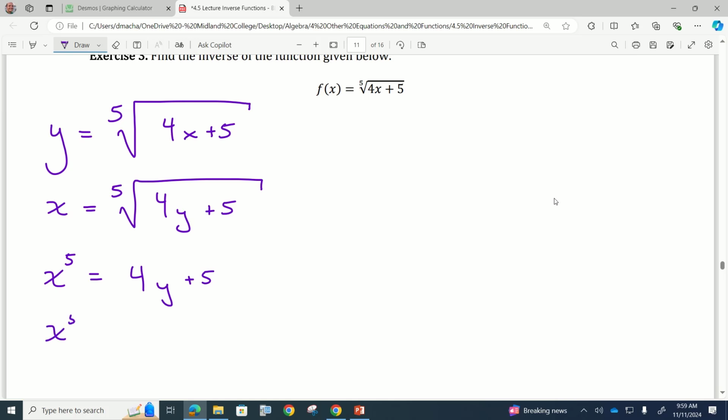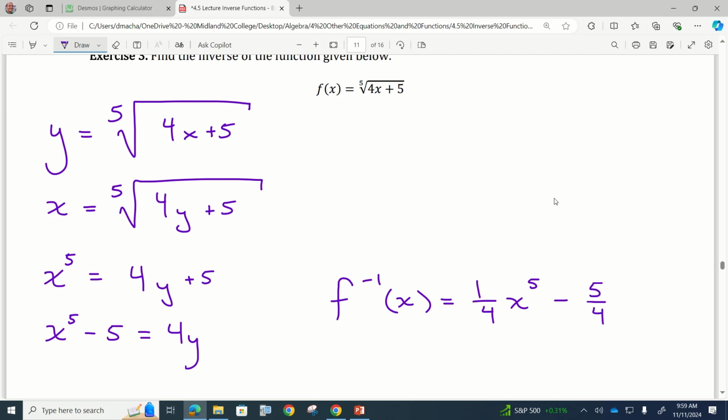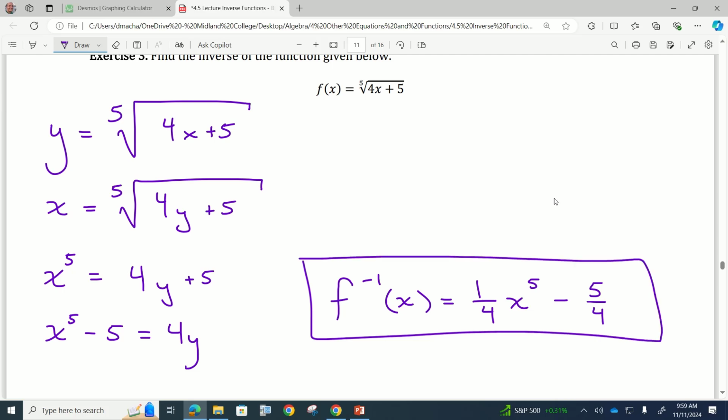And then I subtract 5 from both sides. And then I divide by 4. So I'm going to write my answer: f inverse of x is going to be 1/4 x to the 5th minus 5/4. All right, super easy.